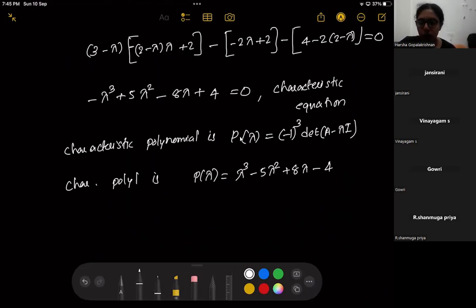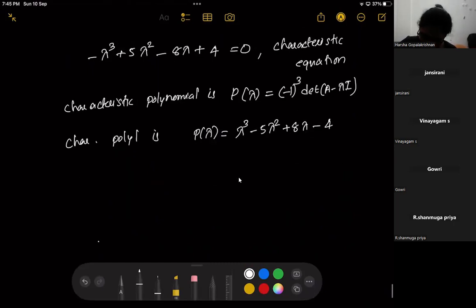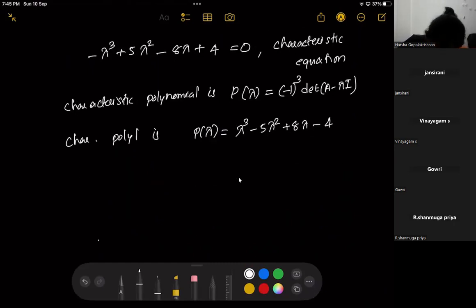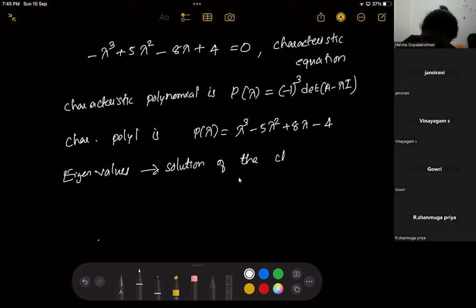Now, what are the eigenvalues? Eigenvalues mean the solutions of the characteristic equation, or we can say the roots of the characteristic polynomial.